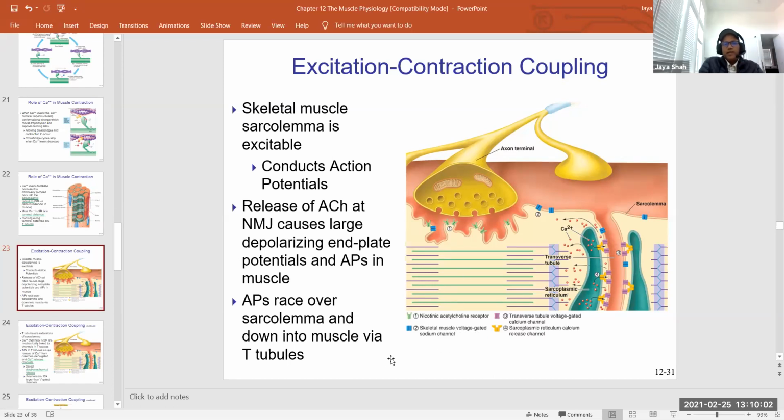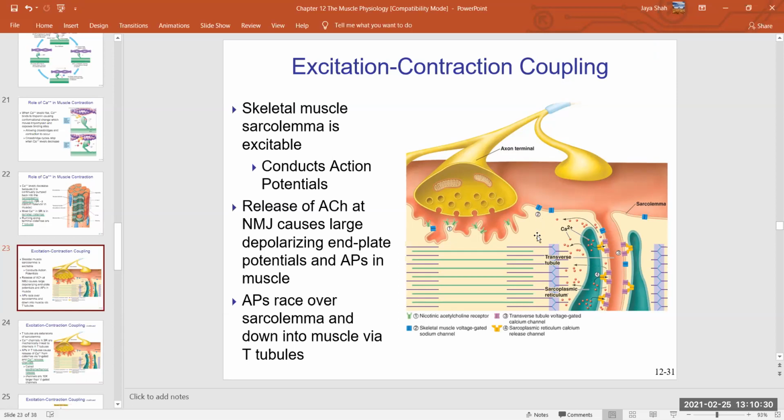So you have the green here, the blue one, two. These are also another channel in the plasma membrane of the muscle fiber. When these voltage-gated sodium channels open in response to acetylcholine binding with the acetylcholine receptor, where is sodium more? Sodium is more outside the cell, so sodium gets inside the cell. And that depolarizes these muscle cells.